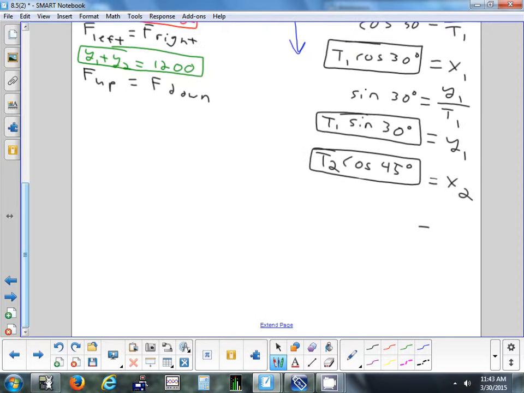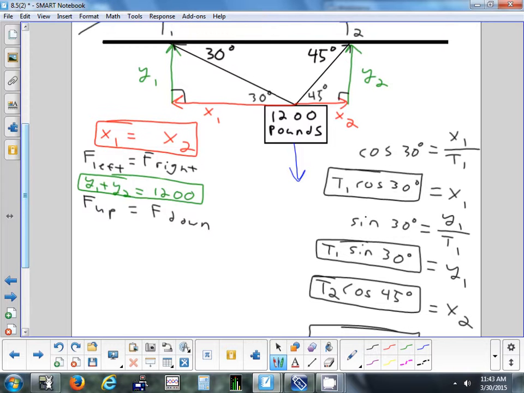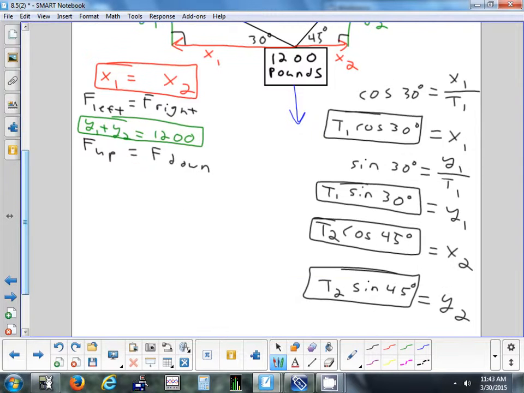And then y2, that would be T2 sine 45. Okay, so we just rewrote all our x's and y's in terms of T1 and T2, which is good because we're solving for T1 and T2. Now fill in all four of these formulas into the two equations we wrote.